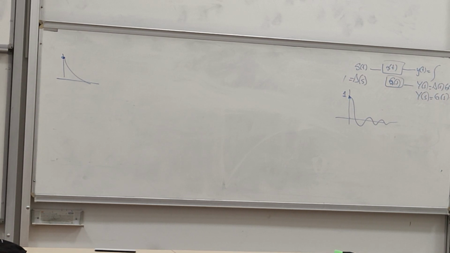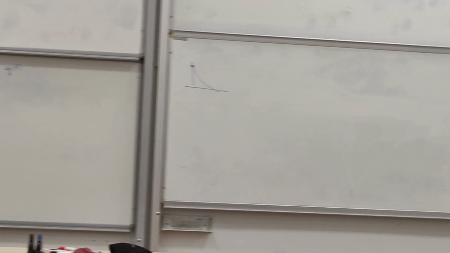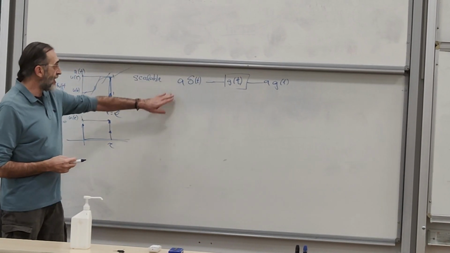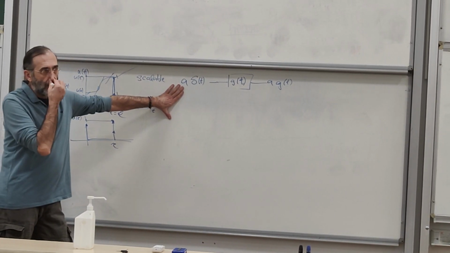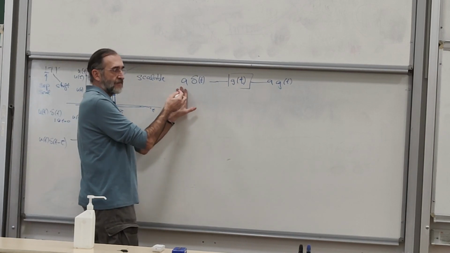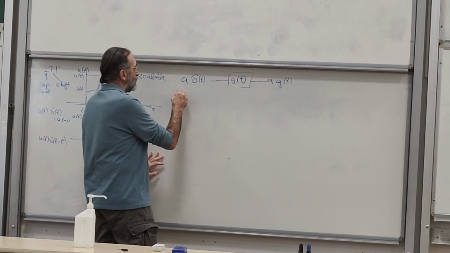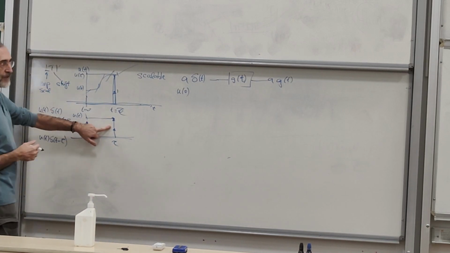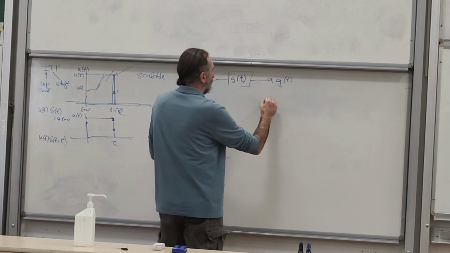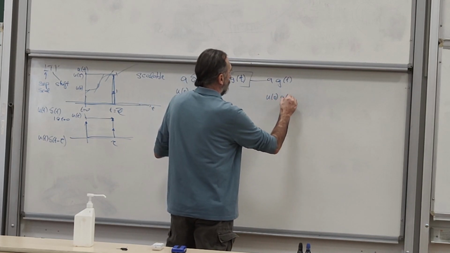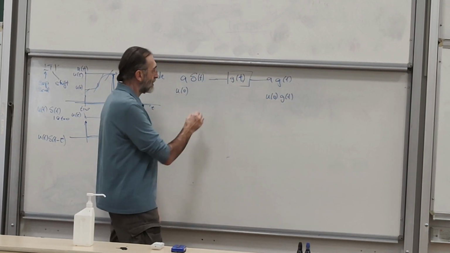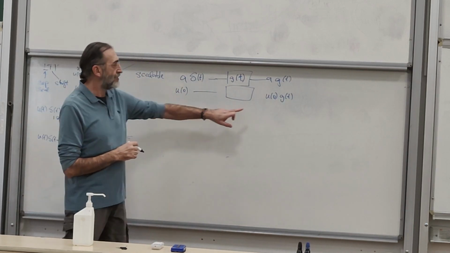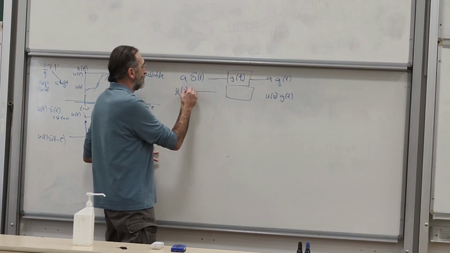If I multiply this one with A, what's going to be my output? A. Well, that A is, for example, U of 0, a constant. Here I'm going to have U of 0 times G of T, because the system is scalable.